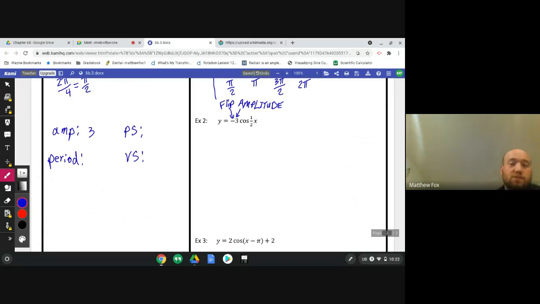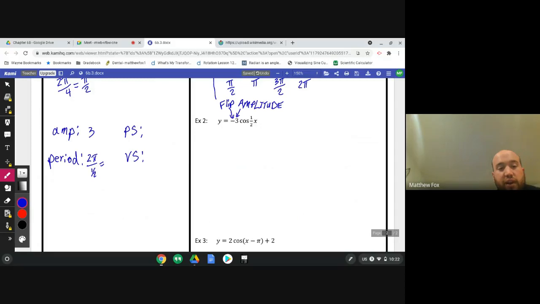Now our period is always 2 pi divided by whatever the b value is. In this case, 2 pi divided by 1/2. Now, as I did this, lots of people have had trouble. With 2 pi divided by 1/2, they're tempted to say it's pi. That's not true. Half of 2 pi would be pi.